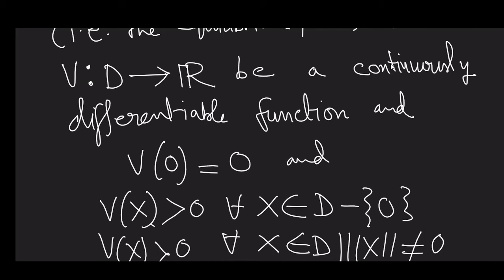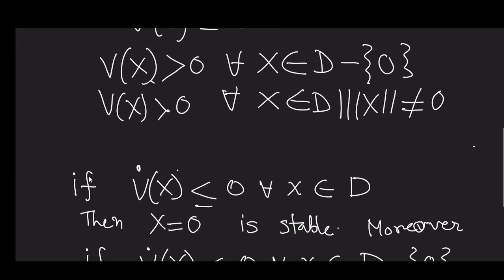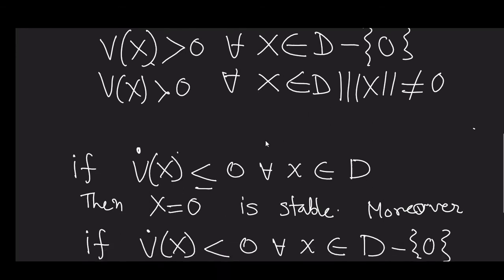Which one is the case, you may investigate. But the very basic essence of this statement is that V is a continuously differentiable function. Now V of 0 is equal to 0, V of x greater than 0 for all x, these are the two identical statements as I have discussed.